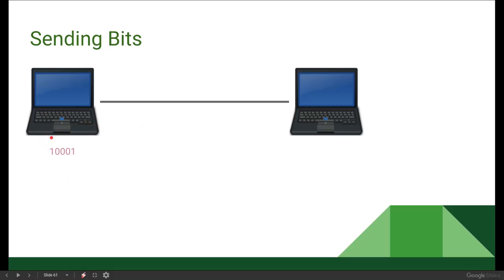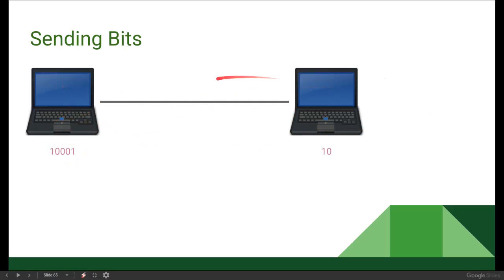So if I have the sequence 10001, I can send that 1 just fine. I can send that 0 just fine. But then when I try to send that next 0 and that next 0, the computer on the right has no way to differentiate between those different 0 signals.